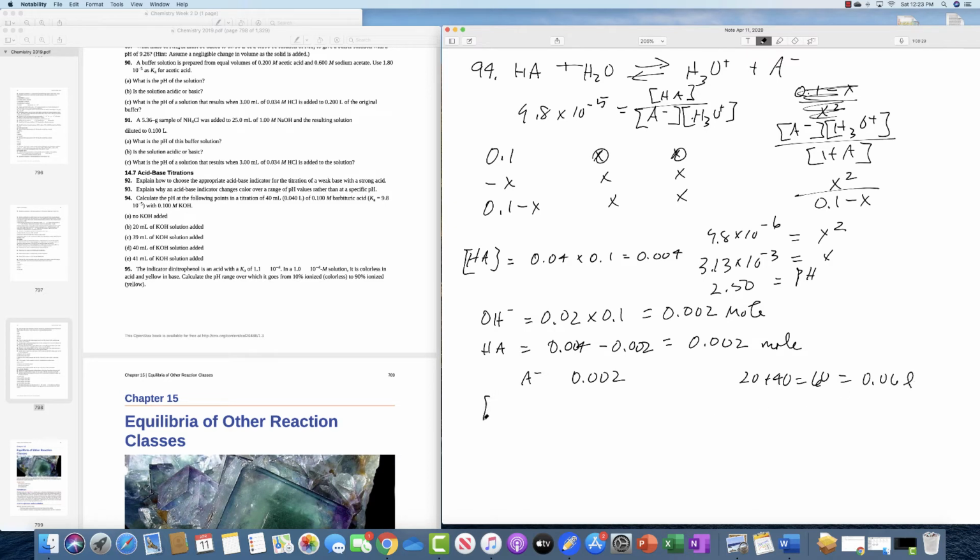So now the concentration of HA is going to equal this amount, 0.002 divided by the total volume, 0.06.